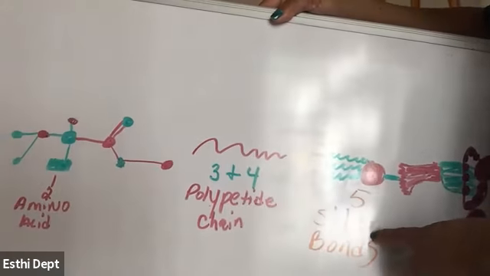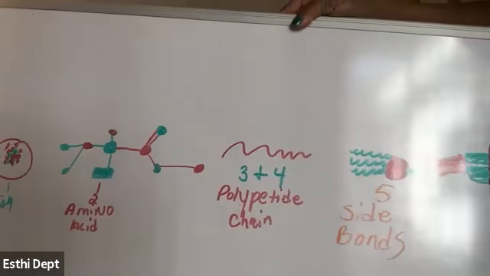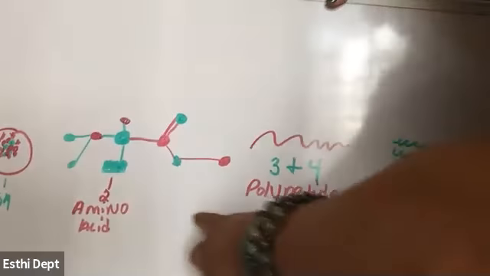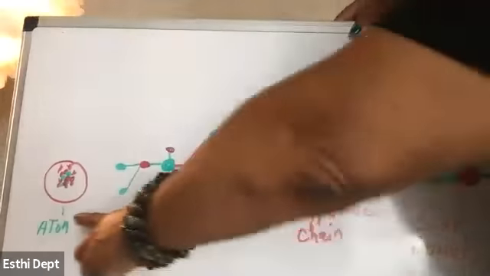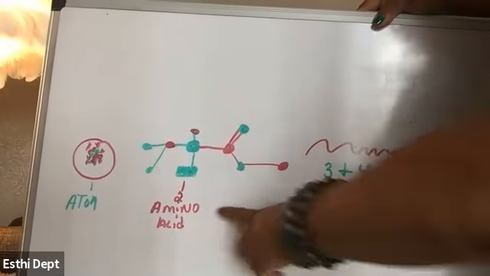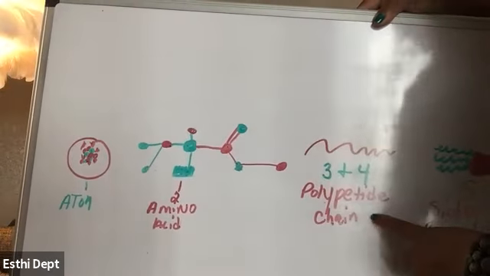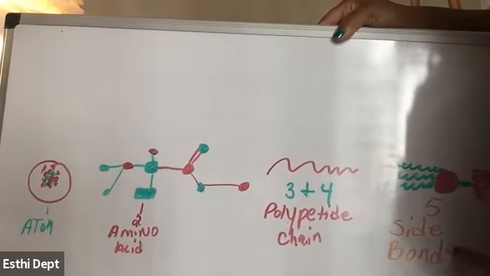Fifth is the side bonds. And sixth is the hair. So all of these together equals hair. So you first start with an atom, and then the amino acid, and then the polypeptide chain, then your side bonds equals hair.